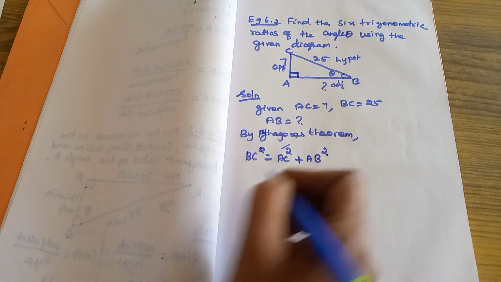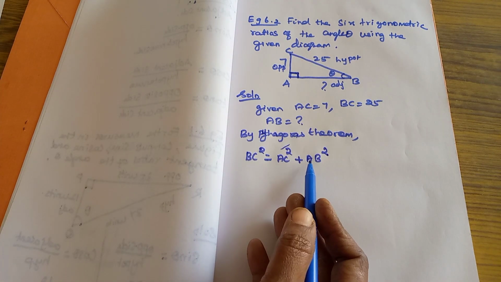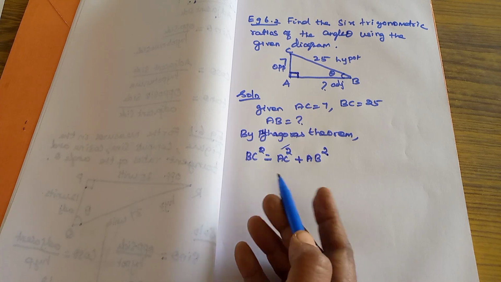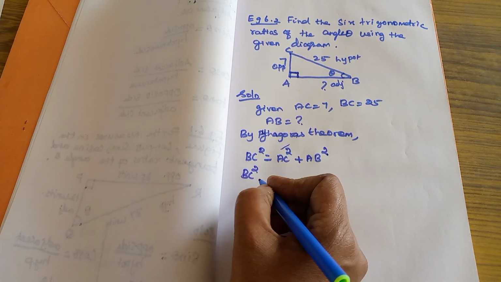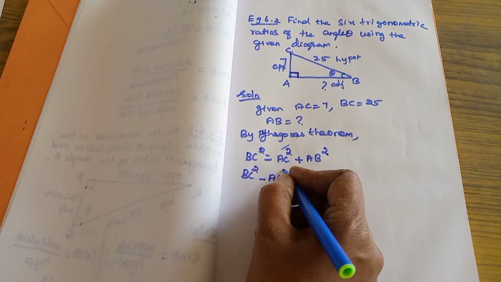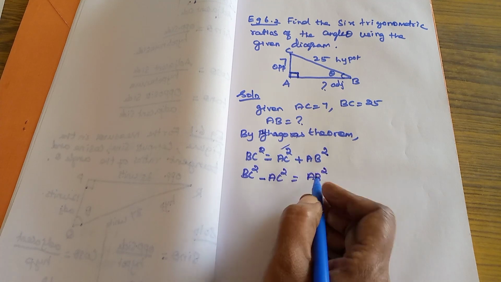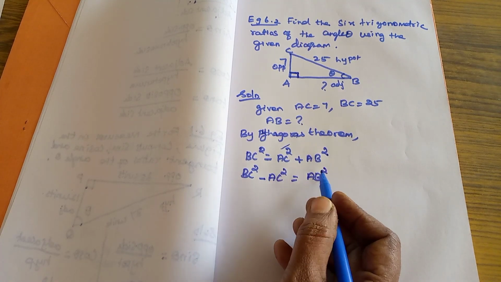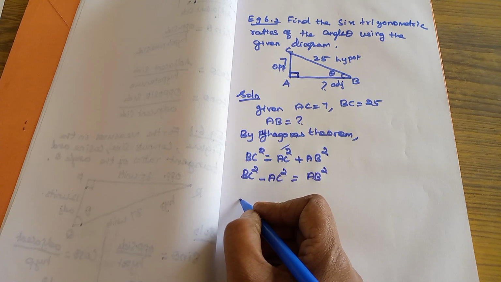Here we have to find out the AB value. So keep AB there, and bring the AC square term here, so it becomes BC square minus AC square equal to AB square. We have to find out AB, so take the square root on both sides.